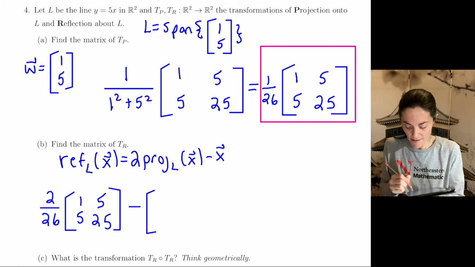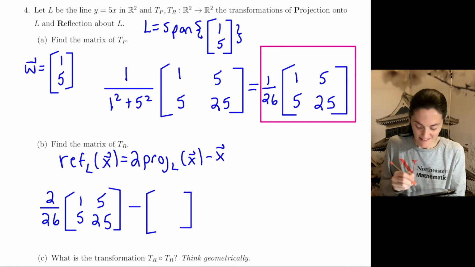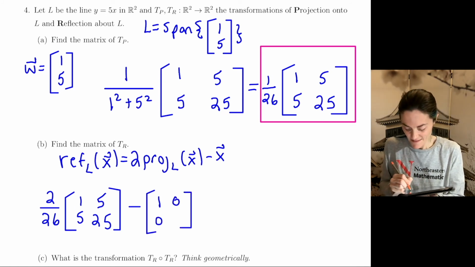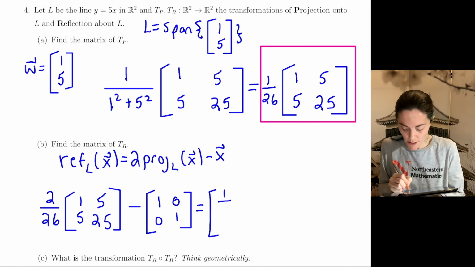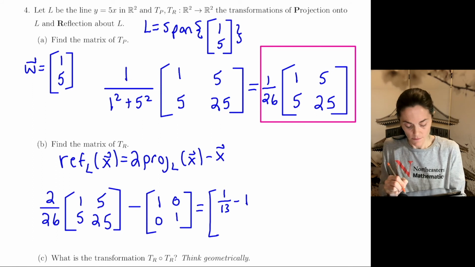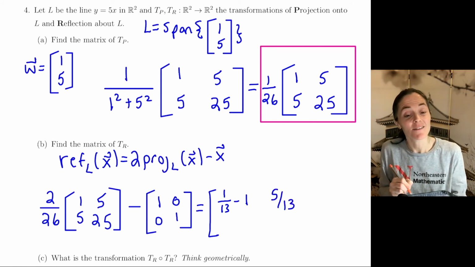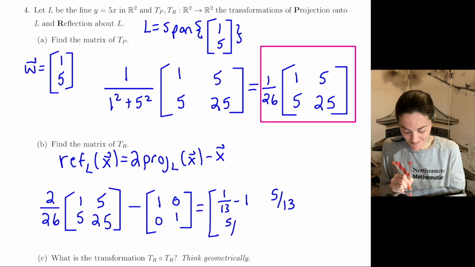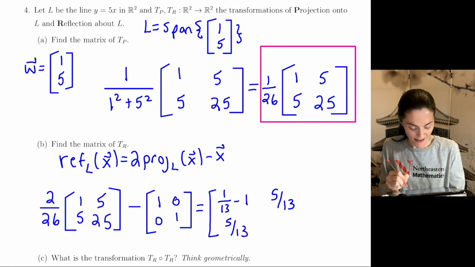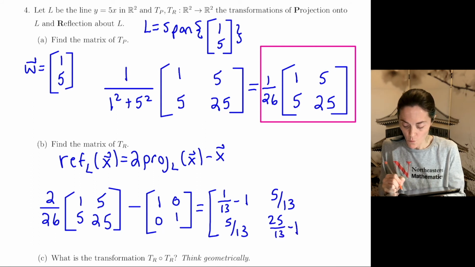Minus the identity. So I have 1 over 13 minus 1. I have 5 over 13 here. And then I have 5 over 13. And I have 25 over 13 minus 1.